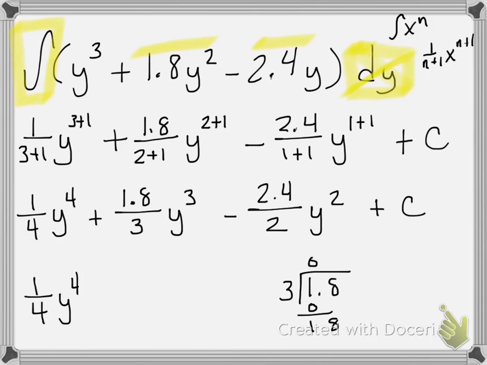Our 8 comes down, and just move the decimal right up above that, so we're going to have 3 going into 18, that's going to be 6. So that's pretty easy.